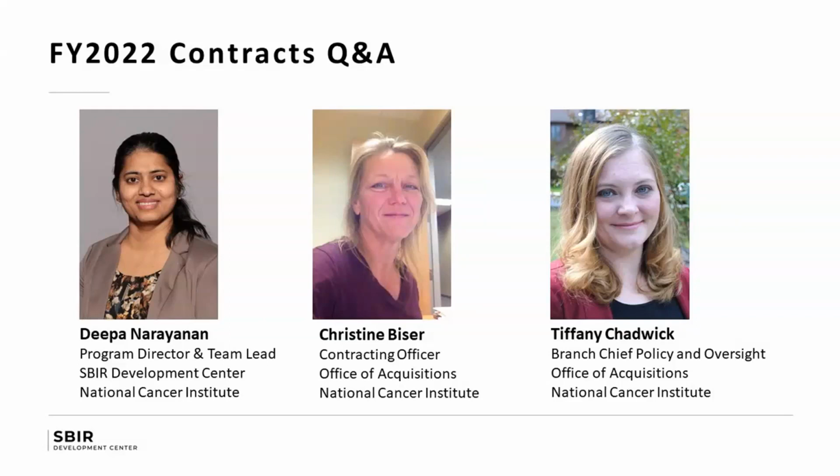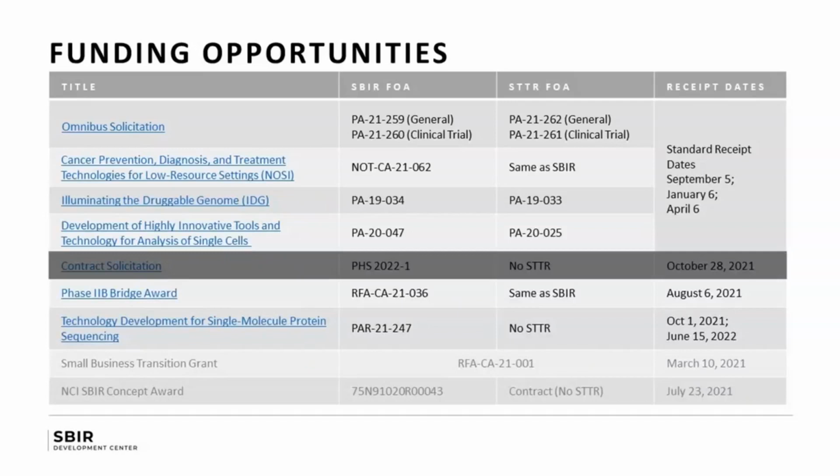If you go to our funding page for grants, it is clear which ones have the STTR option. I think most of them do. This transition grant is a special one because you start off as an STTR and you end up as an SBIR. So you will see which ones have an SBIR and which ones have an STTR option.